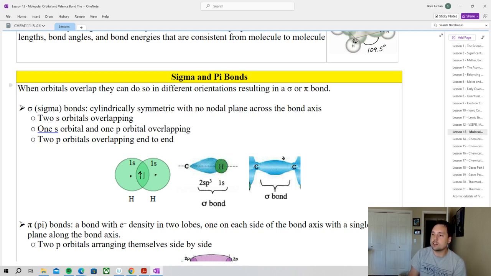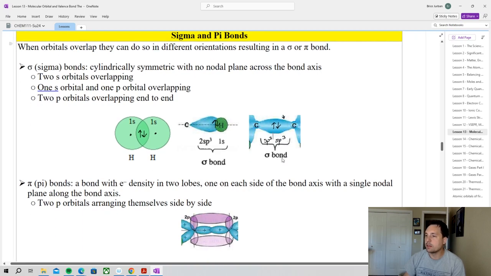So we have the electrons being shared between the nuclei. We can also have that occur with these hybrid orbitals that I'm going to introduce, such as the sp3 and the 1s, so they can combine head-on, giving us a sigma bond. And we could also have an sp3 and an sp3 hybrid orbital combining head-on to give us the overlap that's symmetric in the plane of the nuclei.